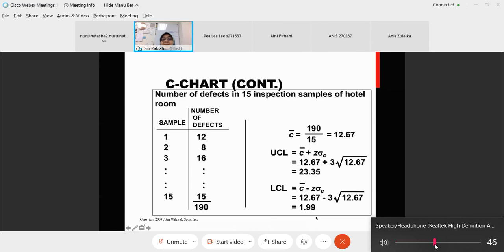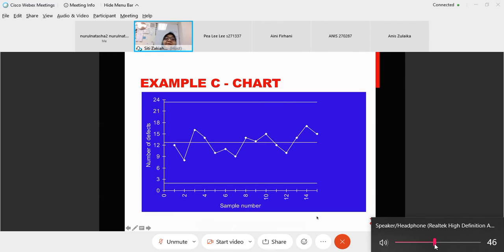Okay, so you plot. This is C bar, 12.67. This is the upper control limit here, and this is the lower control limit. Judging from the graph, is it in control or out of control? In control, yes.